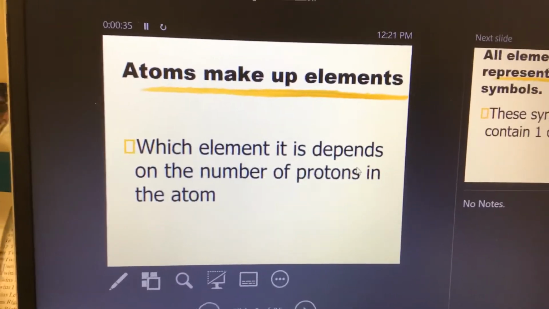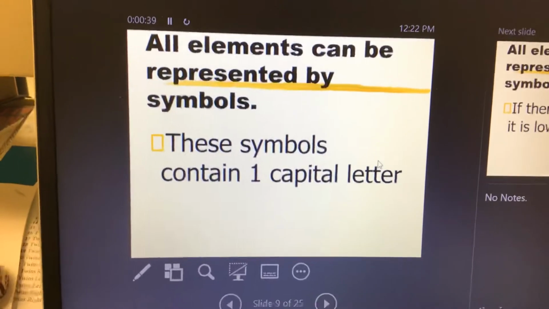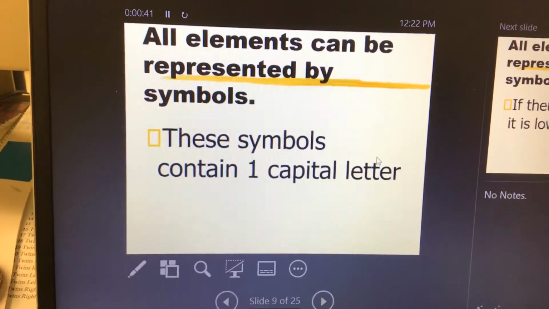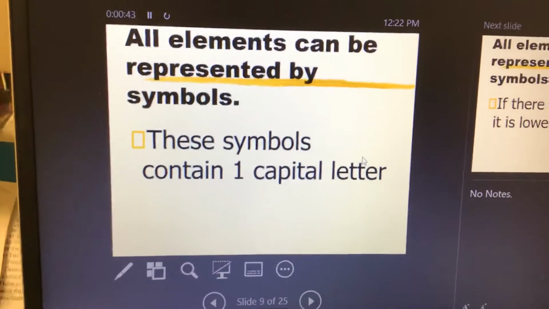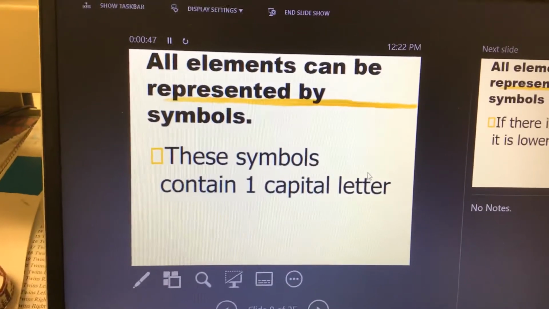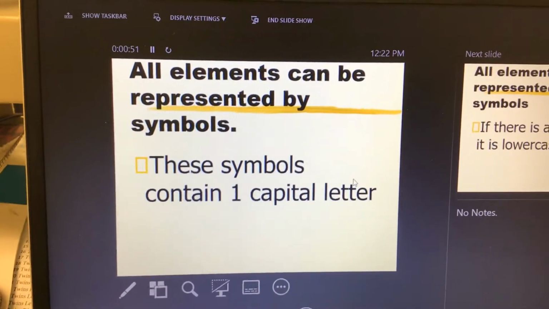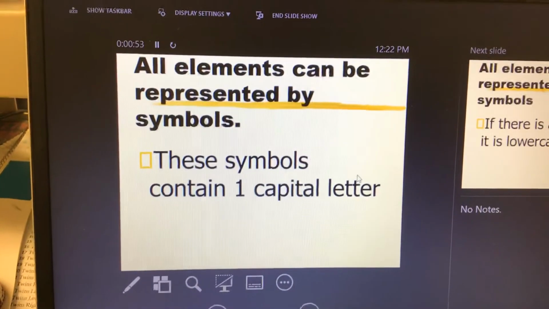Okay, so before we get into that though, when you look at symbols, you always capitalize the first letter. If it's one, like oxygen, the O is capitalized. Okay, it's just O for oxygen.